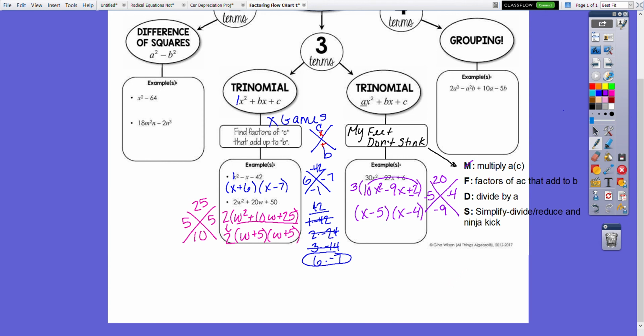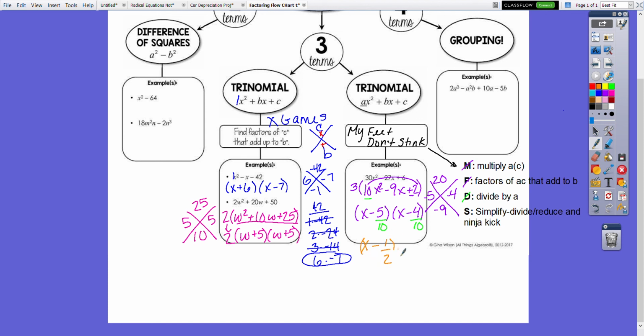So we've done the multiplying, we've done the factoring, now we need to divide by A. And what is A here? A is the number in front of the x squared in the parentheses. So we're going to divide by 10. So division done. Now S means we need to simplify any of these fractions, by dividing or reducing and ninja kicking. So can I simplify? Can I divide 5 over 10? No, but I can reduce that fraction. It becomes x minus 1/2.